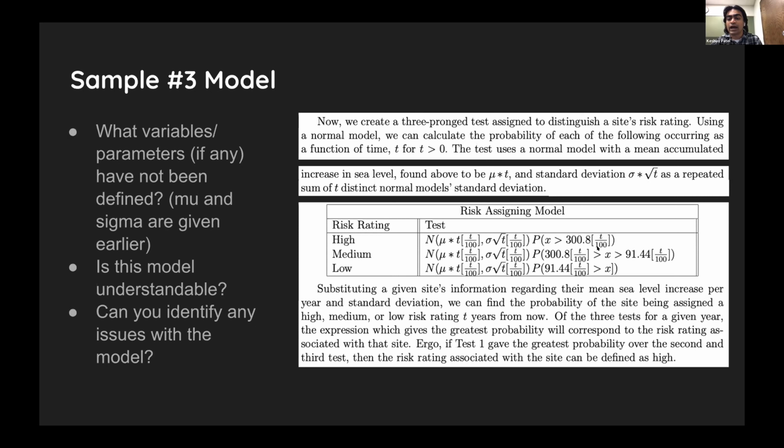If it is going to be between these two numbers, then you're at a medium risk. And if it is going to be less than this number, or is most probable, I should say, to be this number, then you have a low risk. And they actually show how they computed all of these different numbers. I just didn't get bogged down into the details there.